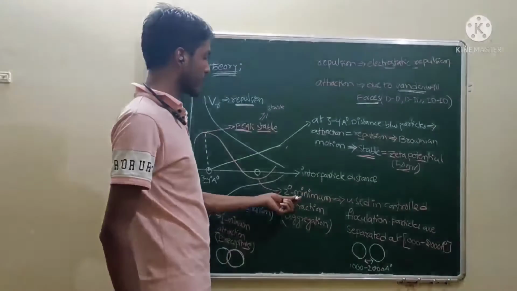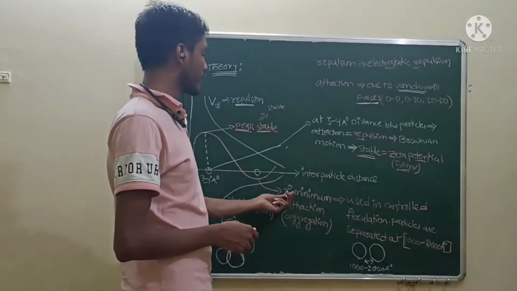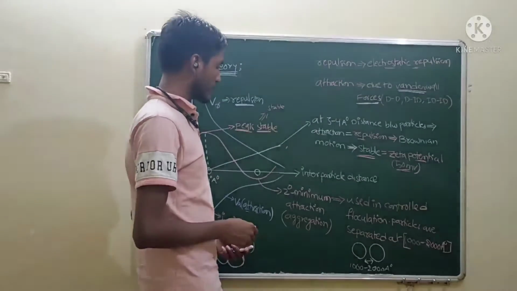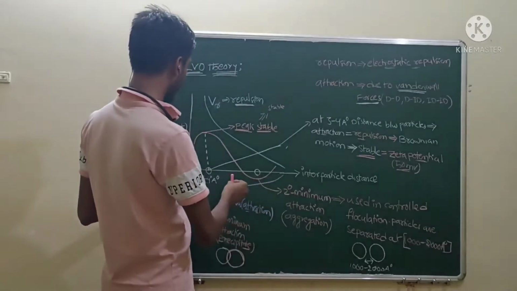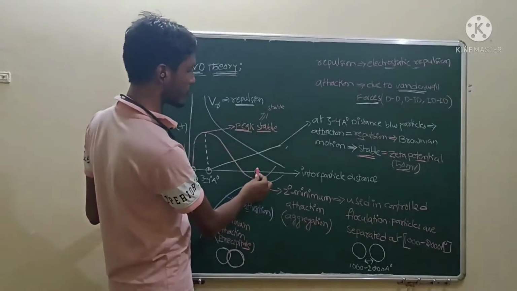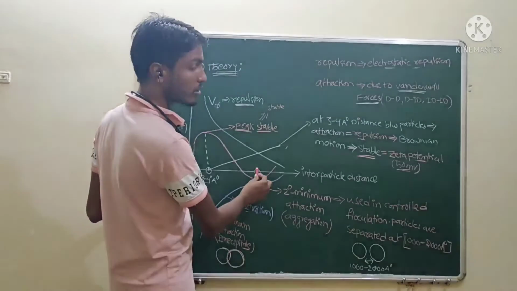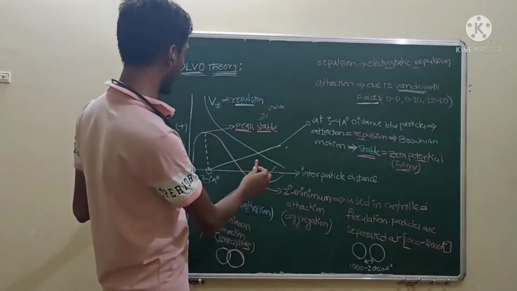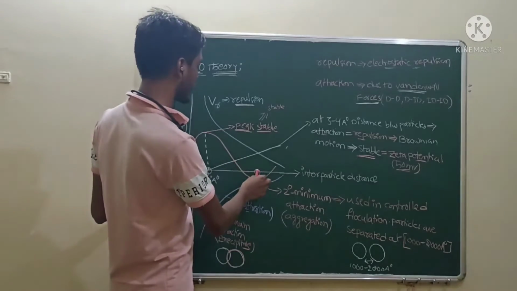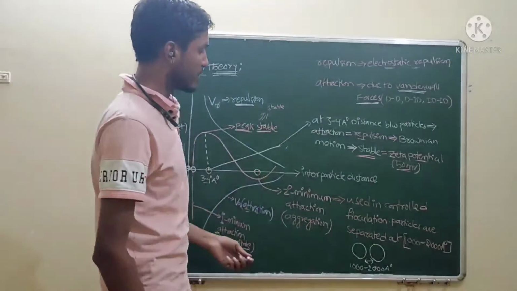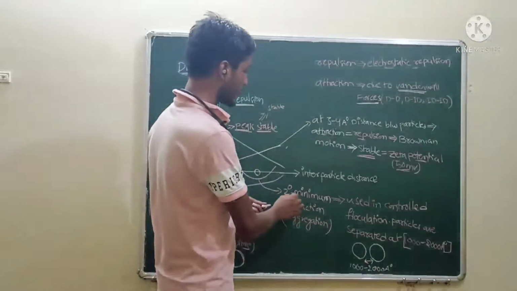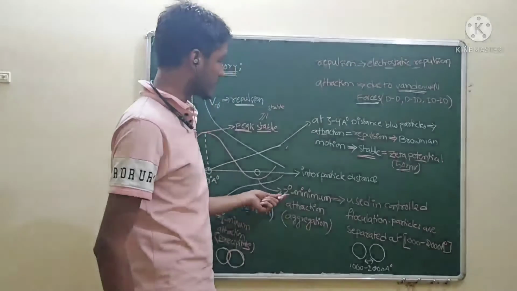Then what is the secondary minimum? The secondary minimum is also due to attraction, causing aggregation of particles. At what distance? The distance between the two particles is 1000 to 2000 angstrom. At 1000 to 2000 angstrom, there is the secondary minimum.